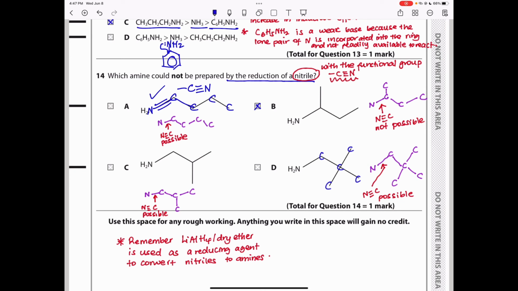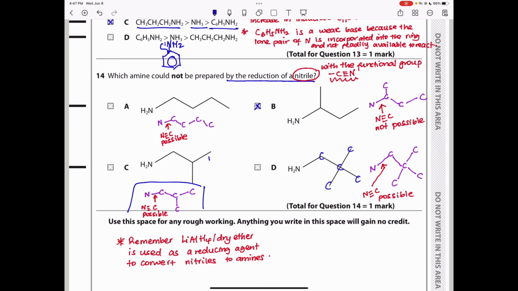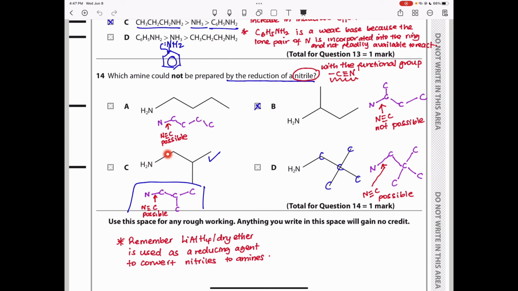Now we have to see also this would have been a nitrogen. Let me use the examples I used here so that you can see them clearly. Look at this. I will use a highlighter here. If this is the amine, this must have been, of course, the nitrile.